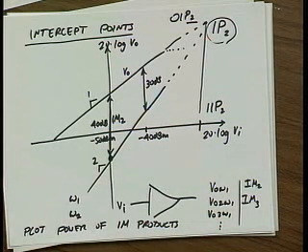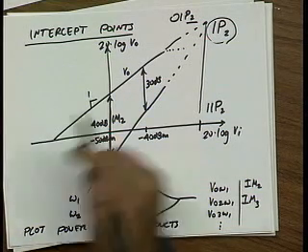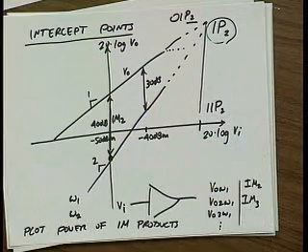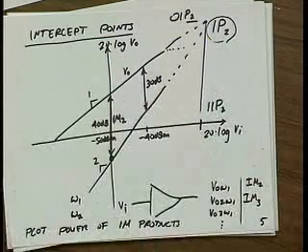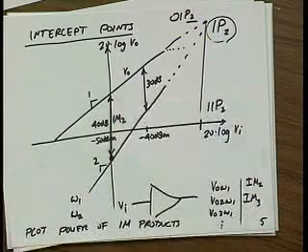If your particular application needs 100 dB of IM2, then you've got to back off 100 dB from the IP2 point. Okay? So it's basically no new concepts here. It's just a graphical way of looking at IM2. Okay? Any questions about this?